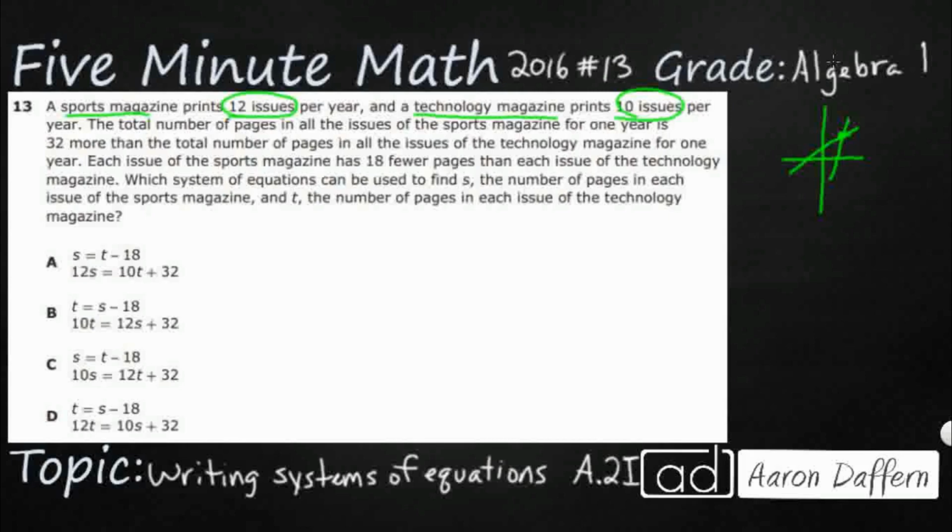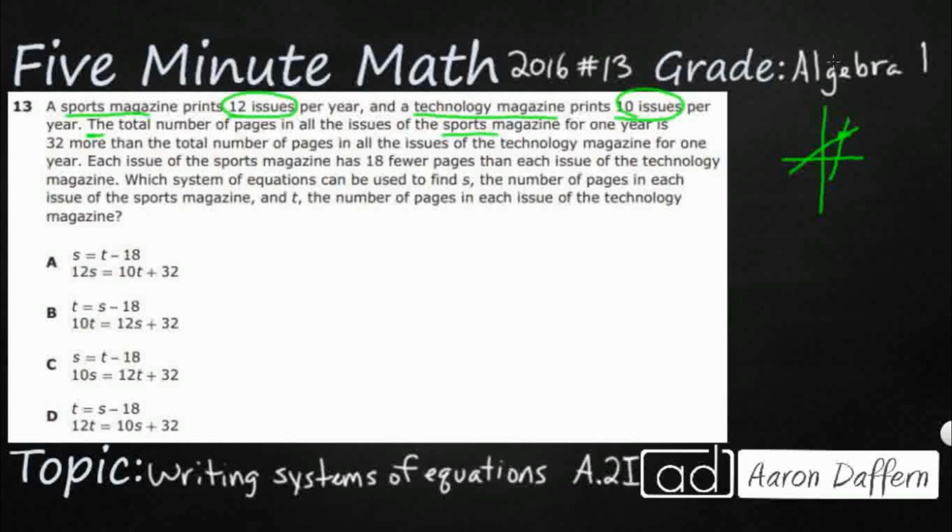So obviously we're going to need the 12 and the 10, but let's go to this first clue in the second sentence. The total number of pages in all the issues of the sports magazine for 1 year is 32 more than the total number of pages in the technology. Well, we know that the sports magazine has 12 issues per year.